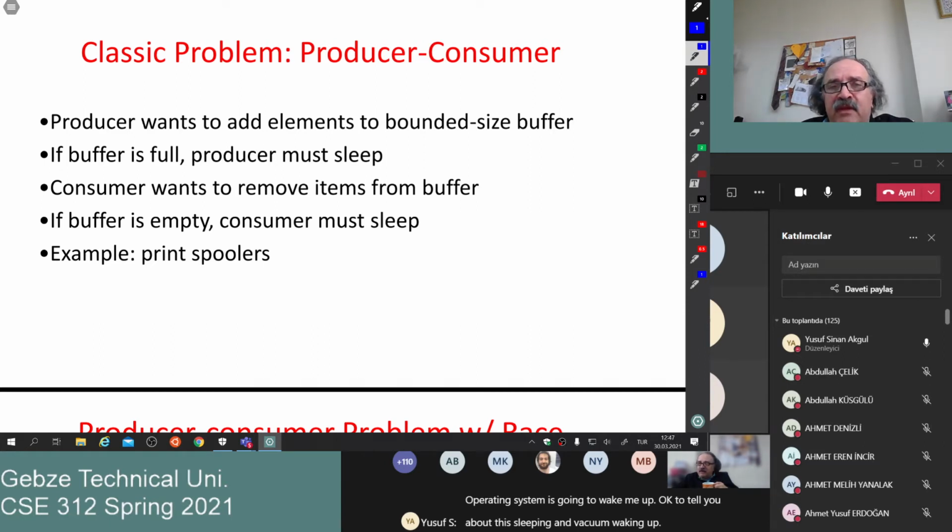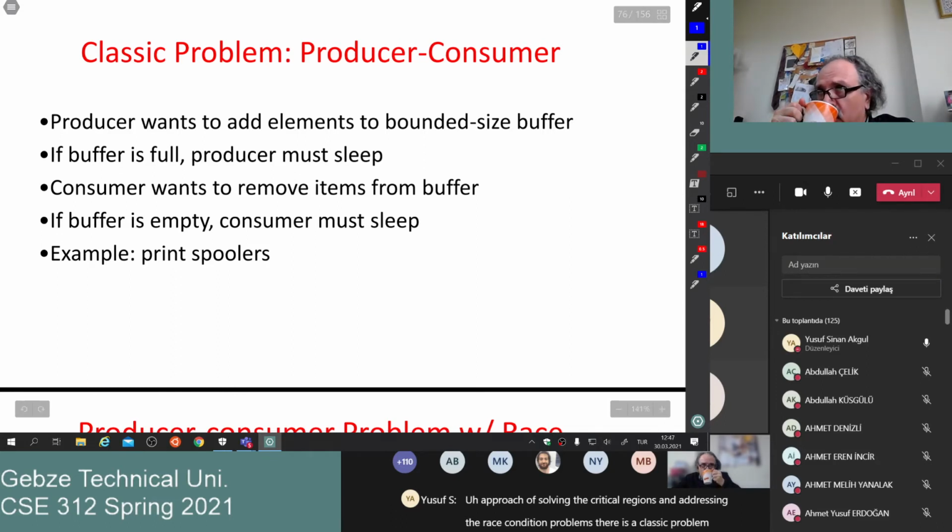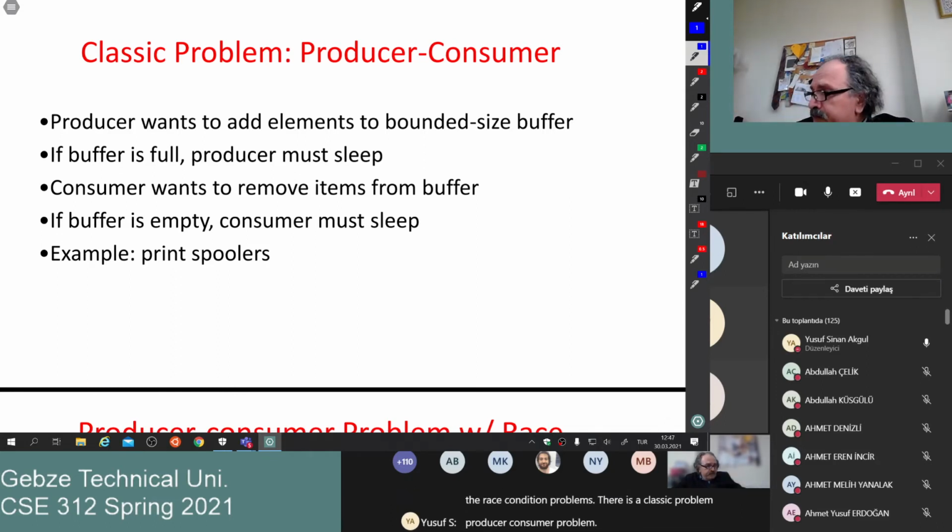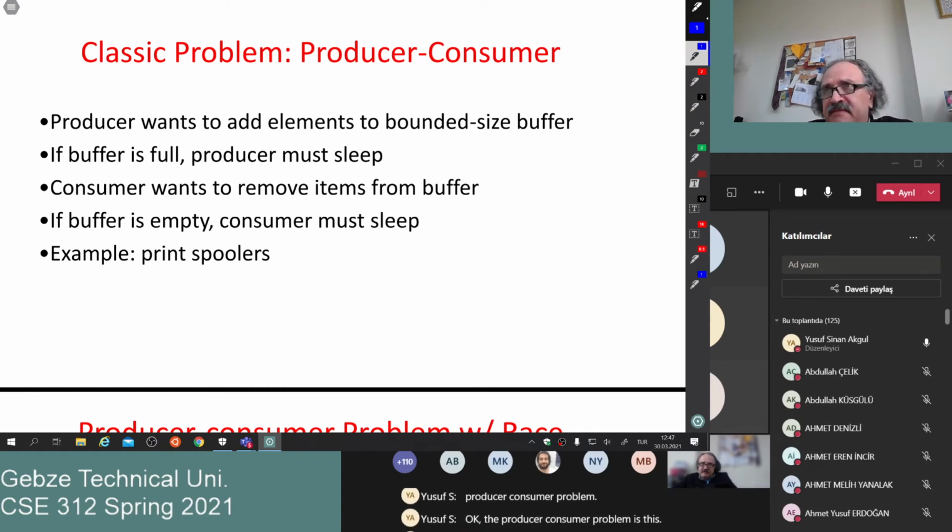To tell you about this sleeping and waking up approach of solving the critical regions and addressing the race condition problems, there is a classic problem, the producer-consumer problem. The producer-consumer problem is this: there are two processes, two threads.